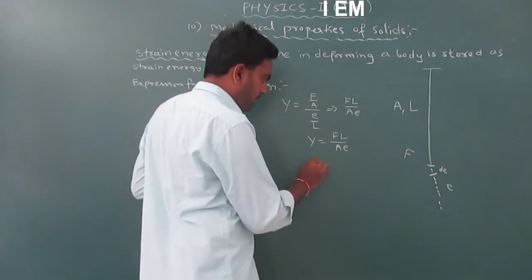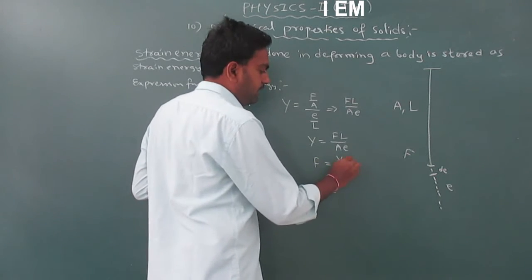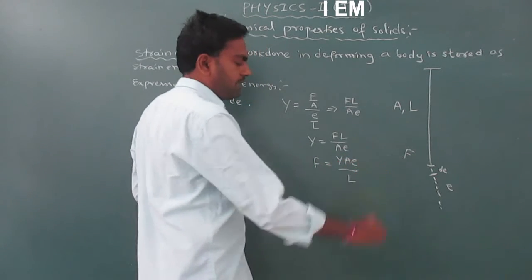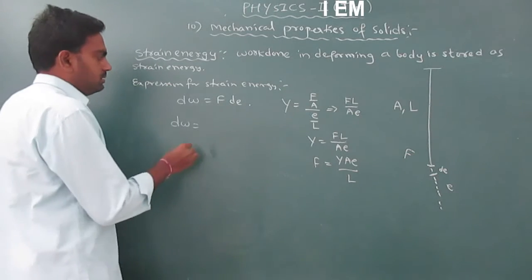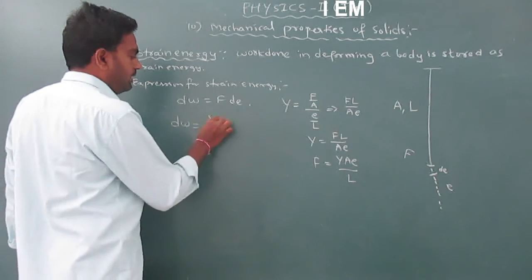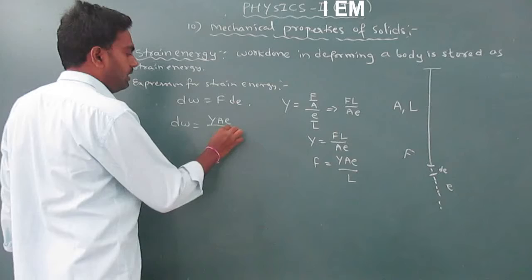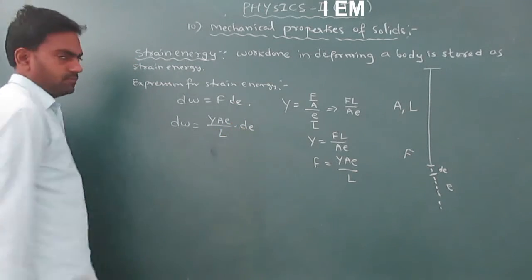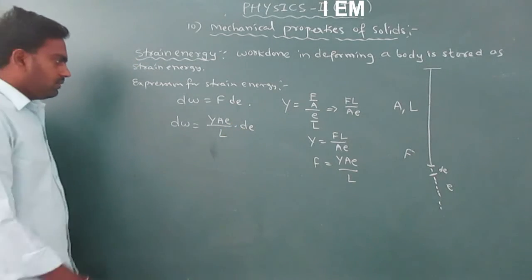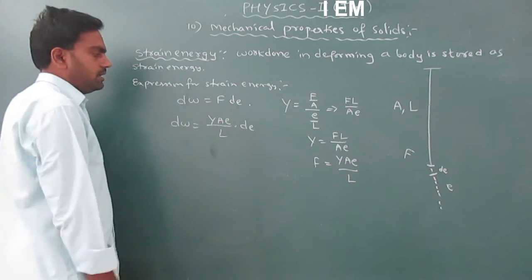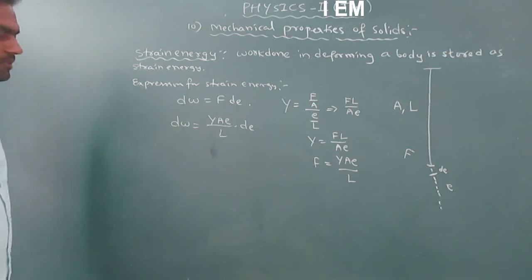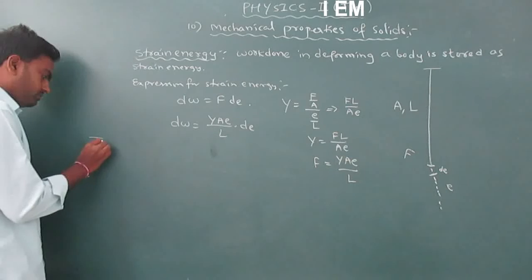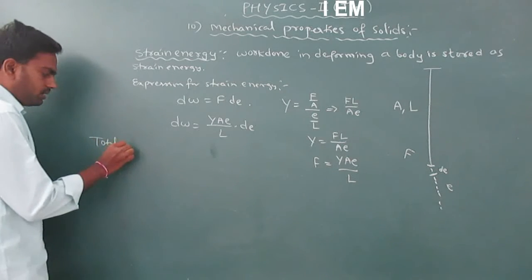So F is equal to Y A e by L. Substituting, dW is equal to Y A e by L into dE. This is the work done for a small extension. Now we take the total work done.